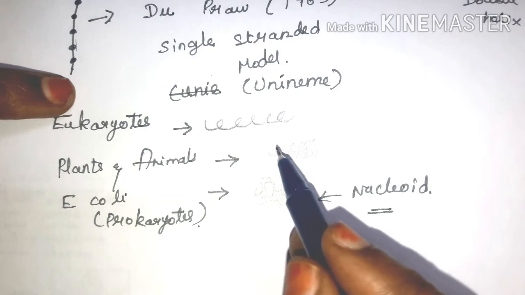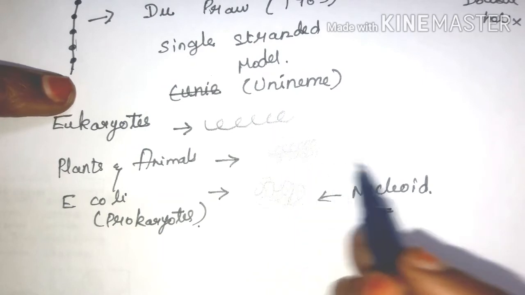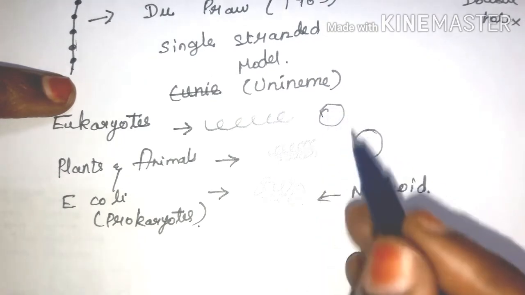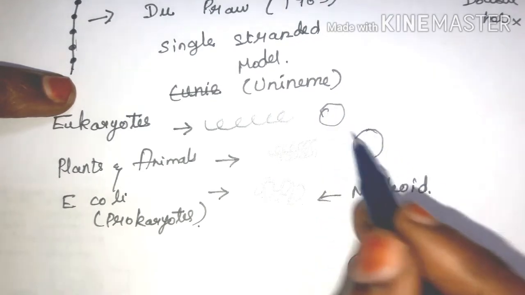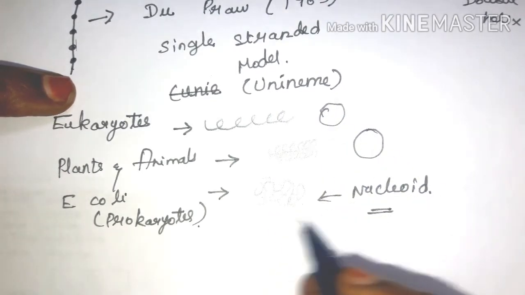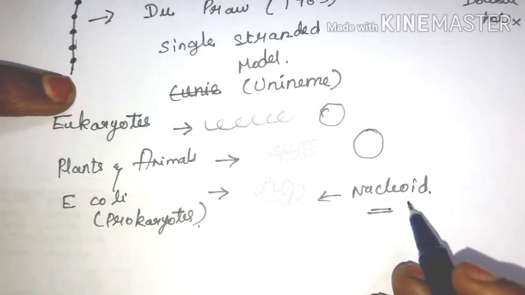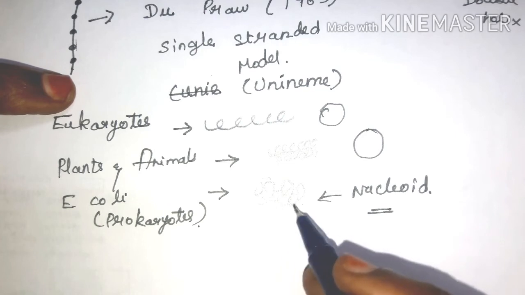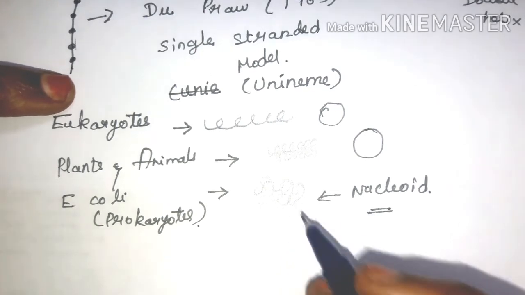The nucleoid part is where the chromosomes are present. But in eukaryotes, they have a definite nucleus, so they have to arrange it inside the nucleus, with some structural ways. But here, they do not have a definite nucleus, so the structure is like coils, so many loops.